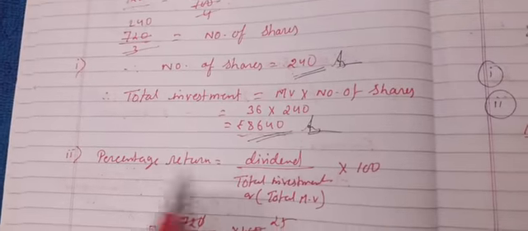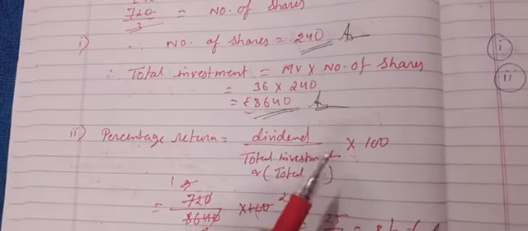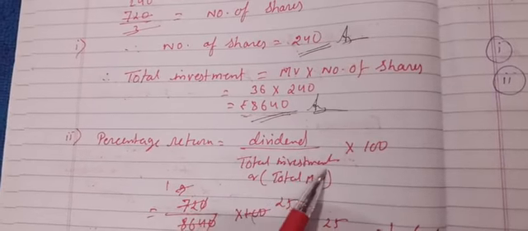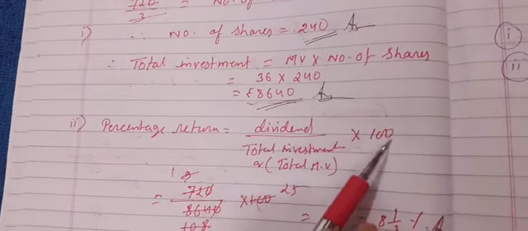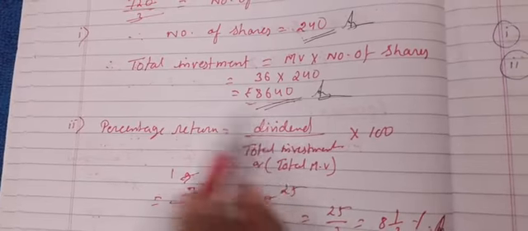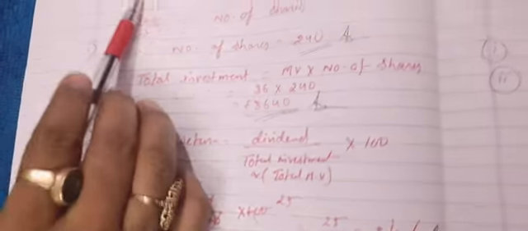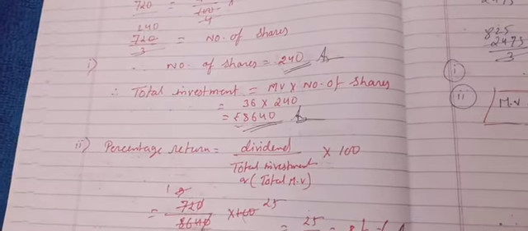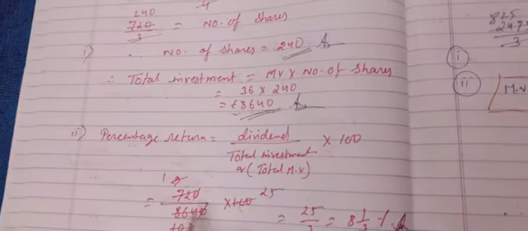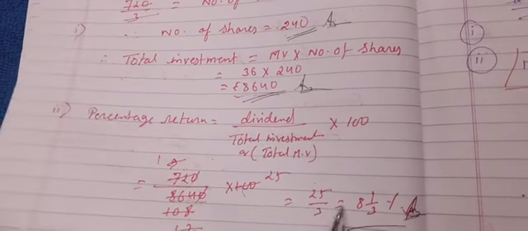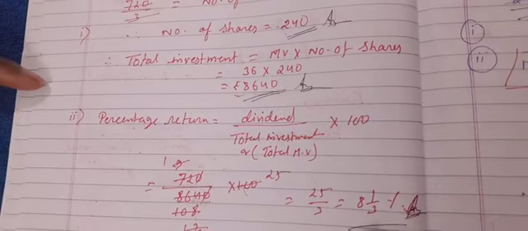We know that the formula of percentage return is dividend, not dividend percent, upon total investment or total MV into 100. So what is total investment? 8640. What is dividend? Dividend was 720, so I have written 720 by 8640 into 100. When we calculated all these things, this is equal to 25 by 3, that is 8 1/3%, and this is your answer.